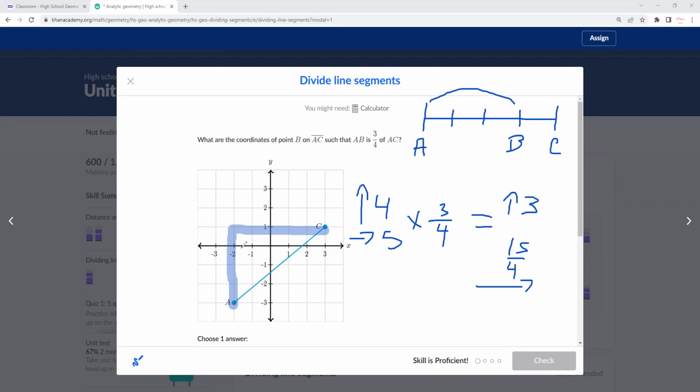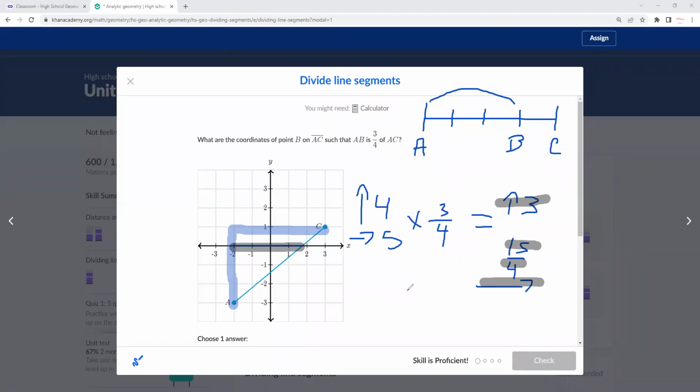So 3 units up would be here. We know that it's going to be somewhere on this line. Okay, so A, let me change the color. A was at (-2, -3). So we went 3 units up, like it told us to do. Now we need to go 15/4 to the right. So if it's at -2, we're going to the right, so we're adding.